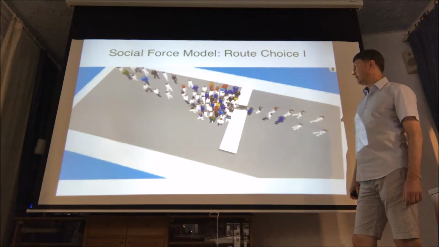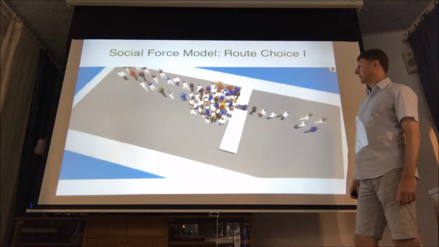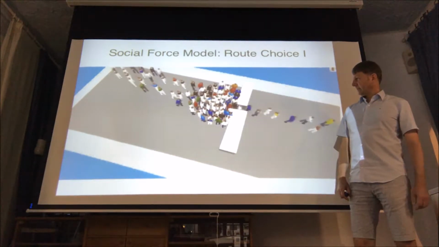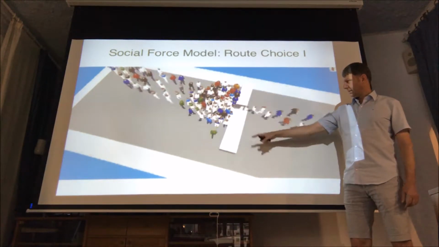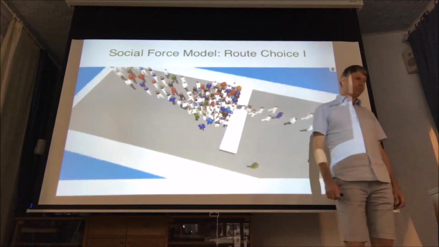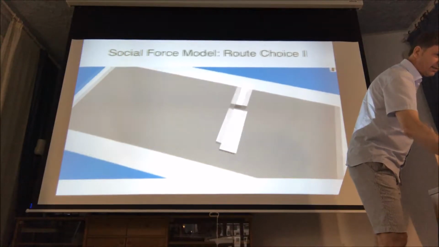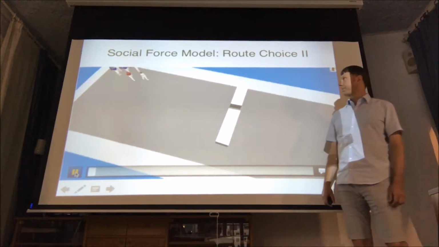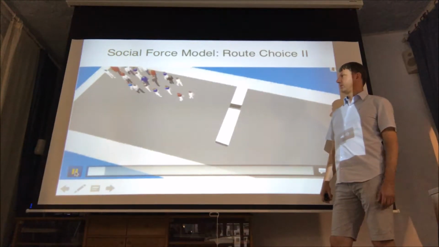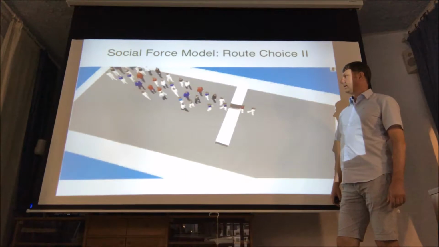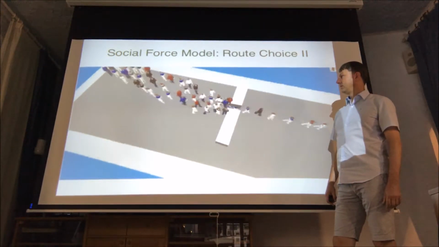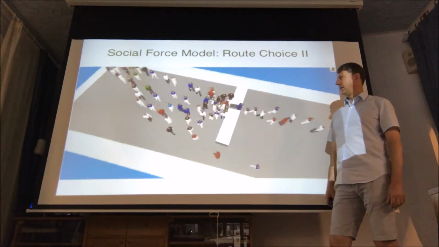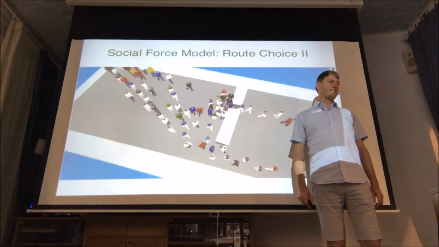People are smarter than that, so they're not just heading forward, they're also scanning their environment. It really takes a long time until somebody actually starts taking this up. And so to make it more realistic, you need to have a route choice model built in. And this can of course be done and has been done. So here you can see an improved simulation where people early on would take the other route as well.